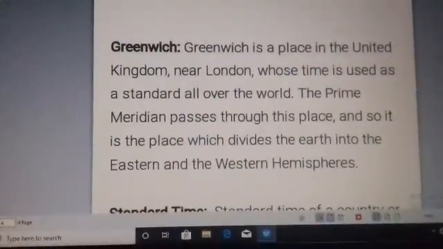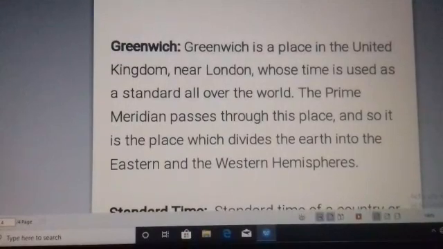Next is Greenwich. Greenwich is a place in the United Kingdom near London whose time is used as a standard all over the world. So the 0 degree longitude which is in Greenwich is taken as the standard longitude for showing time all over the world.